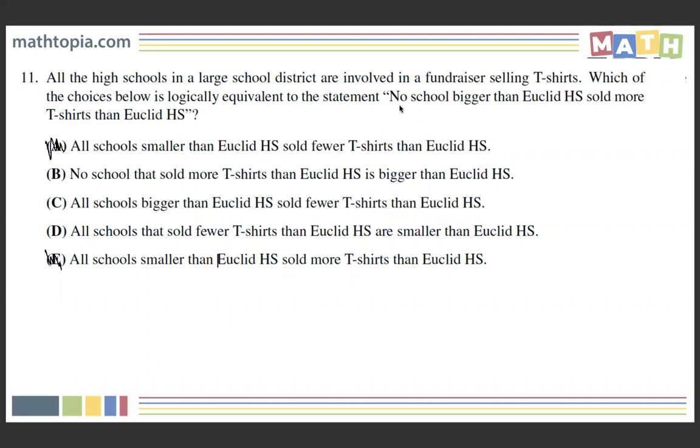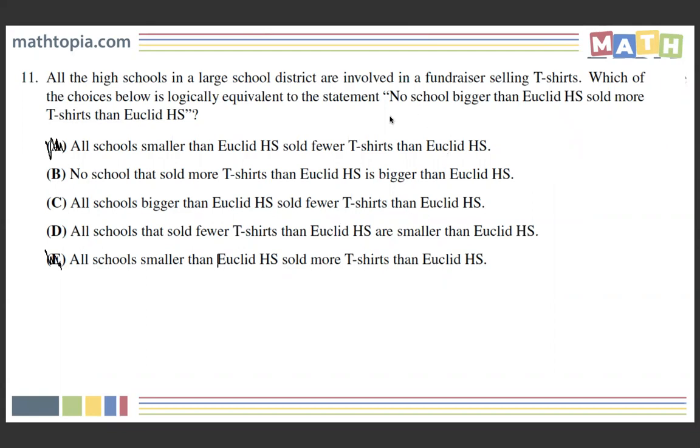So we can think about whether or not these two statements are equivalent by thinking about what cases would falsify them. In other words, if I could come up with a school that broke what this statement was saying, what school could I come up with?